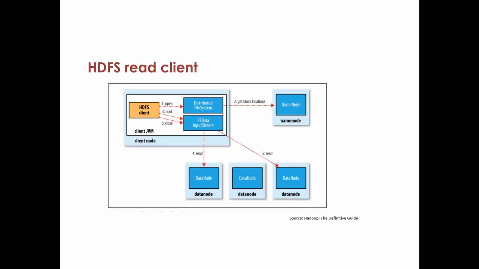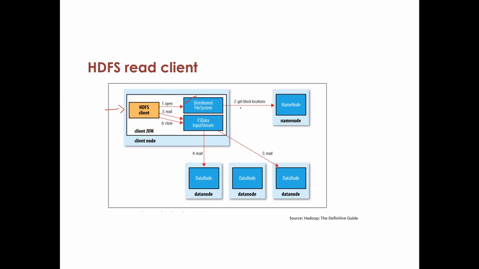Okay, so how does the HDFS read client operate? Remember, a client here is a program which is trying to read data from the Hadoop distributed file system. Okay, so step one is it has the file URL. It calls open on the file and talks to the name node through this DistributedFileSystem class.